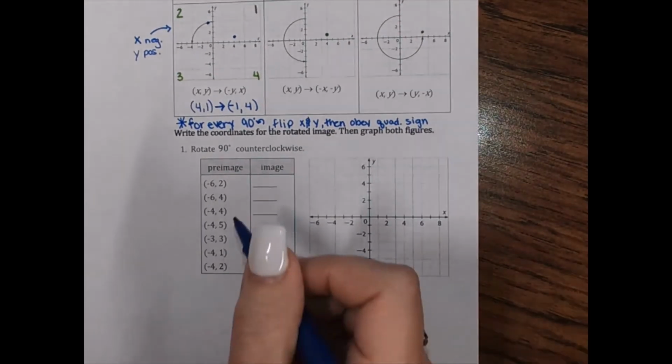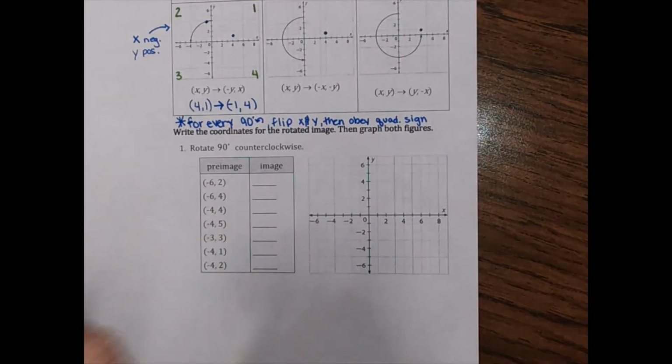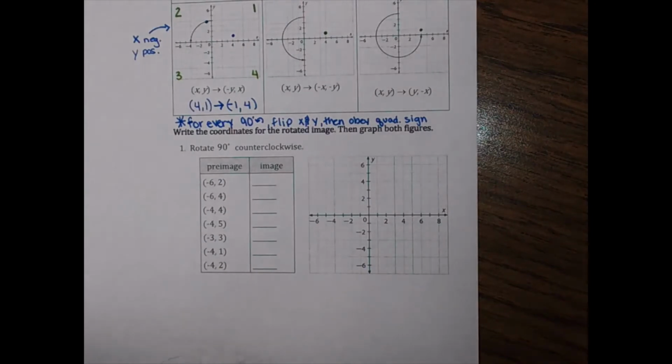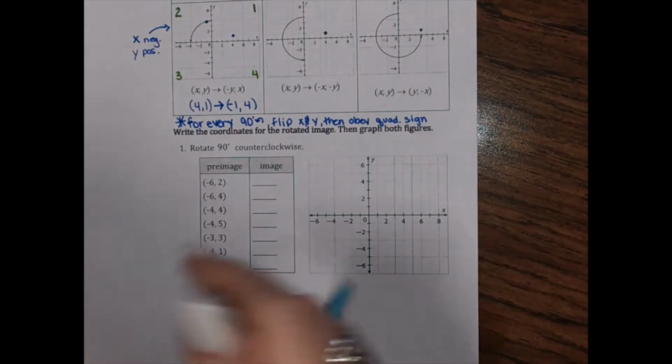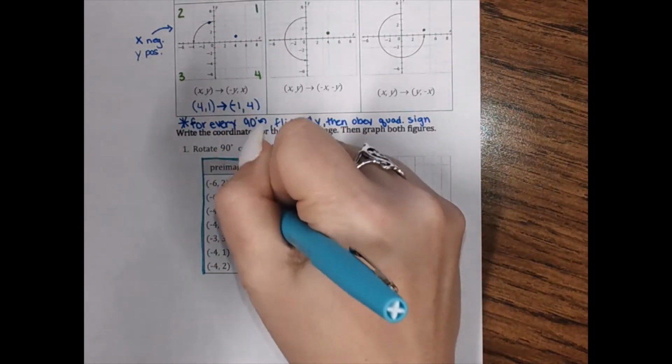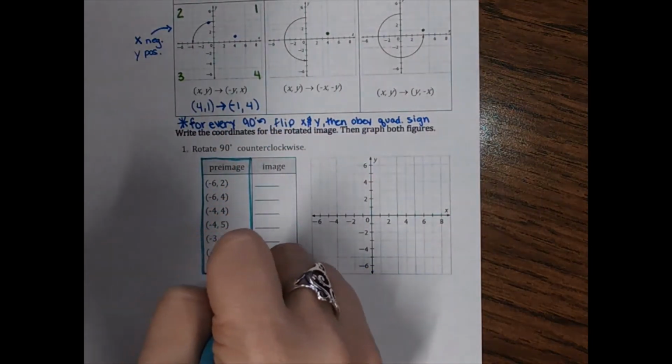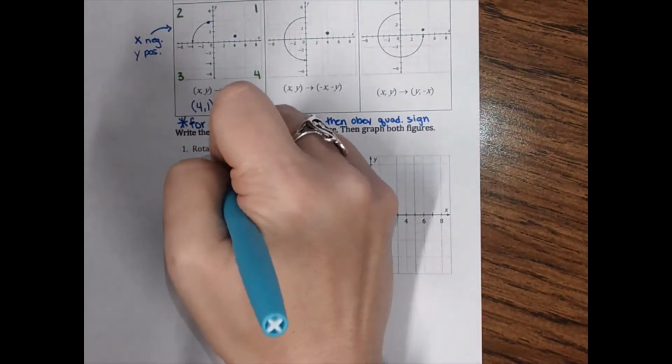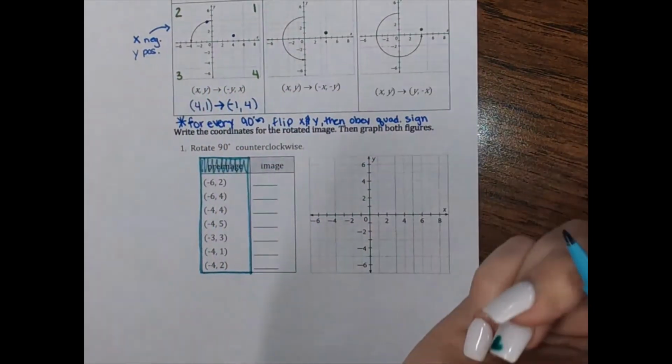All right, so let's do an example here. We're going to start off with our image. Let's flip over to a lighter blue so that I can draw this out for y'all. Our pre-image, which is the original, is going to be the one that I graph in this blue.